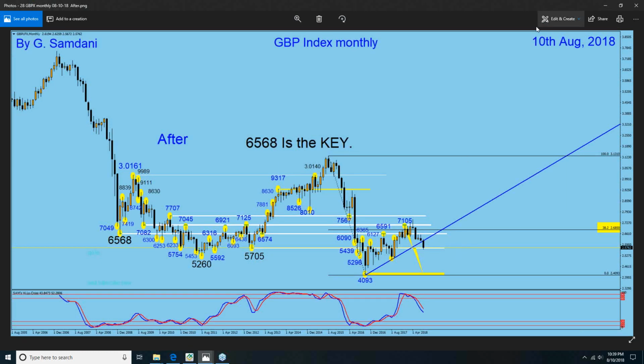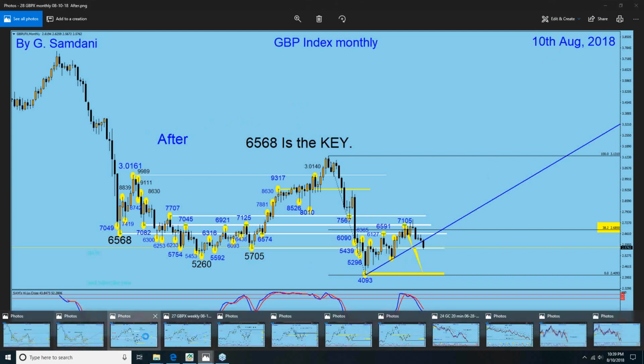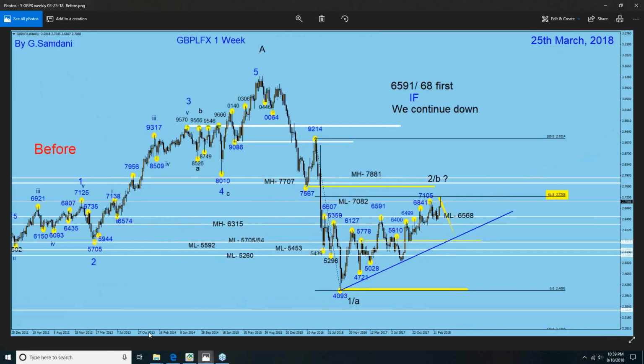Right, this is the current chart. I saved it on the 10th August, and doing so, the pound was getting weaker because the pound index is dropping, so the pound gets weaker. Similarly, I made a chart at the same time on March 25th.